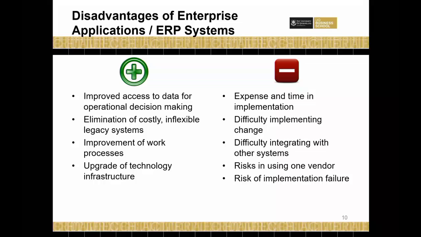Because the benefits outweigh the negative side, and even more so, companies can take a careful approach in planning to address the negative side. So it is not surprising that ERP systems are expensive and timely to implement, because as I've shown you earlier, eventually they're replacing most of the systems a company has.